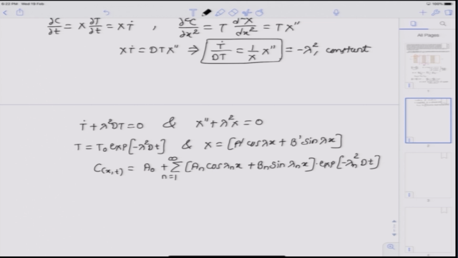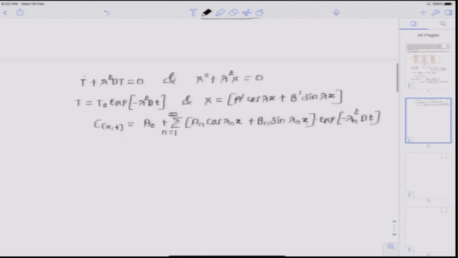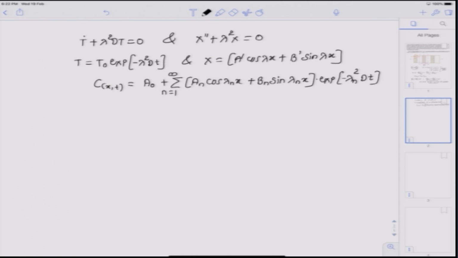Now, we need to find out these constants. So, we use our initial and boundary conditions for this. So, first we will use the boundary condition. For the boundary condition, we need to evaluate the derivative. So, ∂C/∂x would be ∂a_0/∂x, which is 0, plus summation n equal to 1 to infinity, ∂/∂x of cos λ_n x is minus λ_n sin λ_n x.